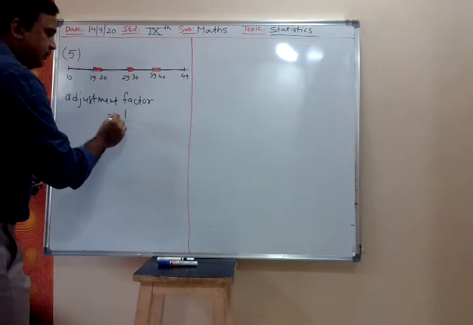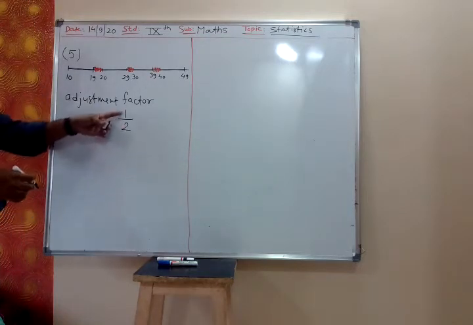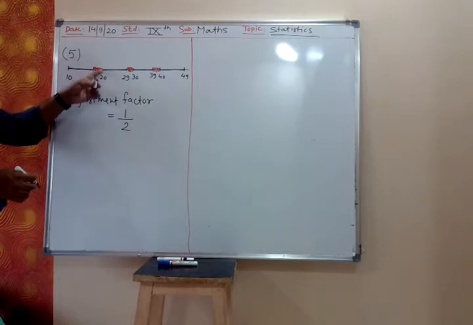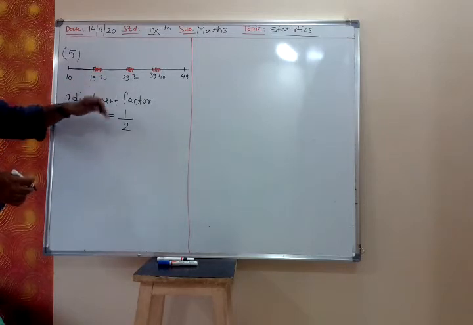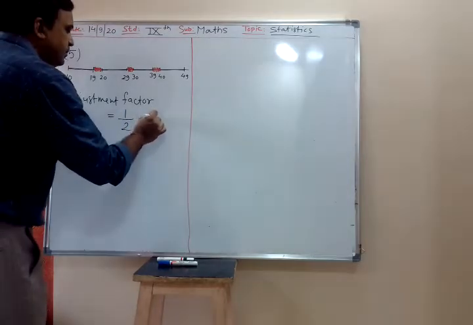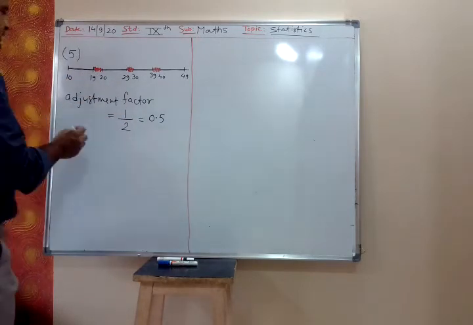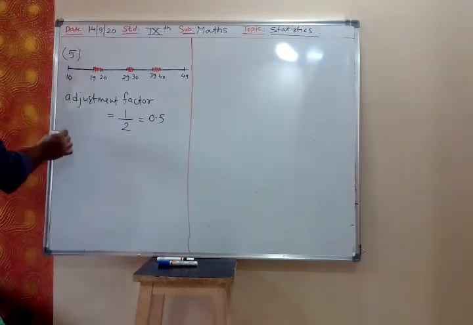Whatever the difference between two consecutive class intervals, we divide that number by 2. So what is 1 divided by 2? 0.5. So my adjustment factor is 0.5.